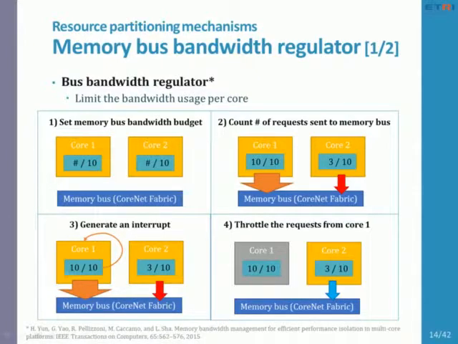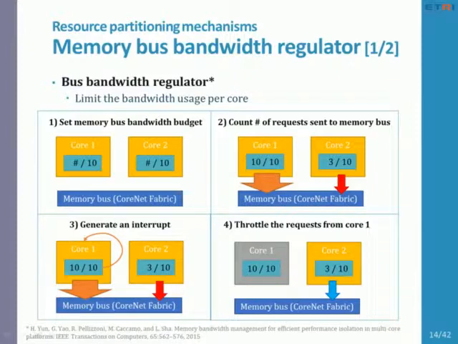This figure illustrates how the memory bus bandwidth regulator works. We first set the memory bus bandwidth budget for each core, and the system monitors how many requests come from each core to the memory bus. If a particular core exhausts its budget, the system generates an interrupt.